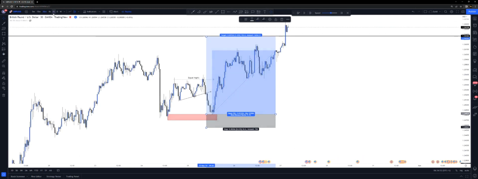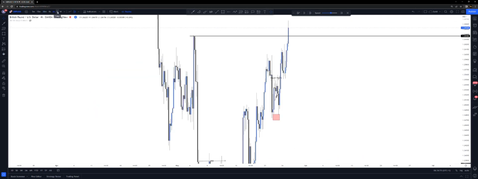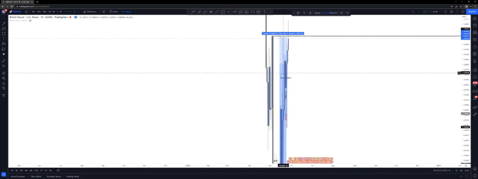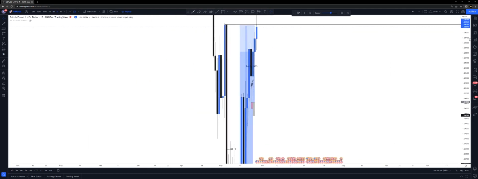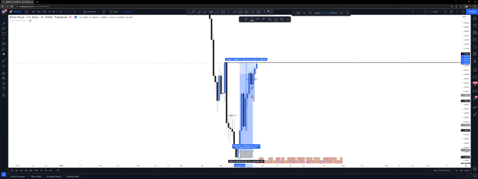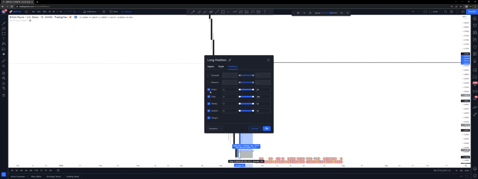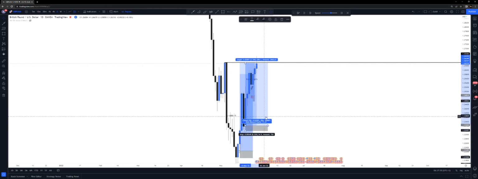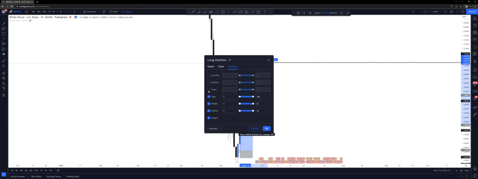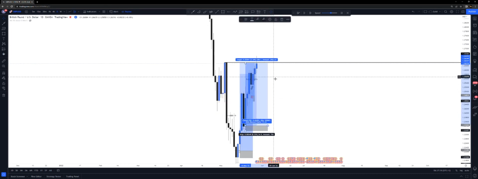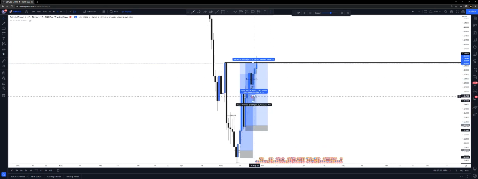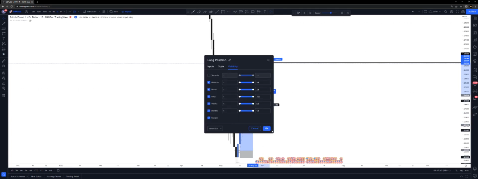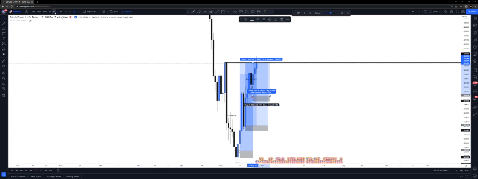Okay, perfect. So let me make this whole trade visible on hourly. Setting. So let's go before one.